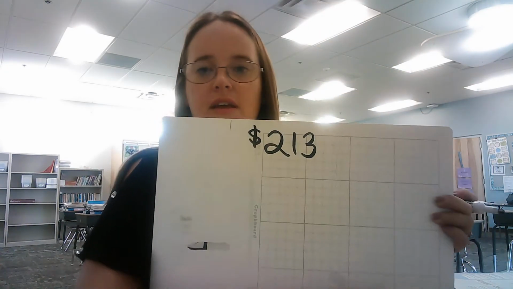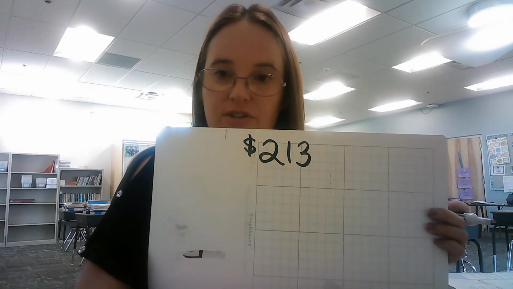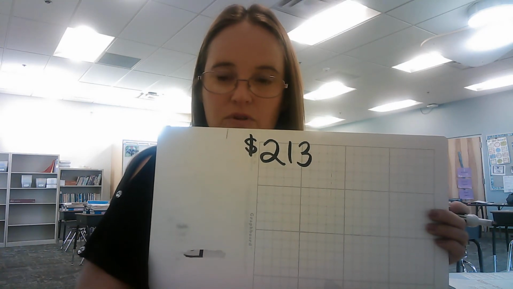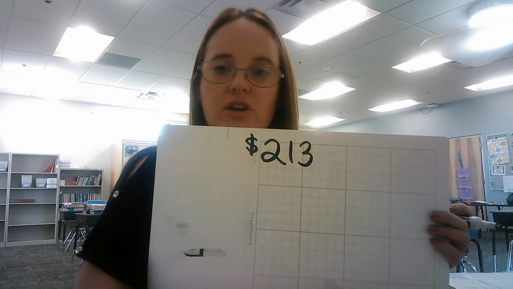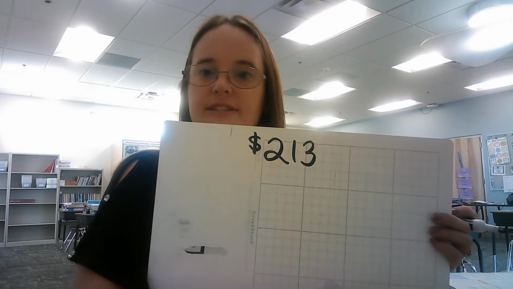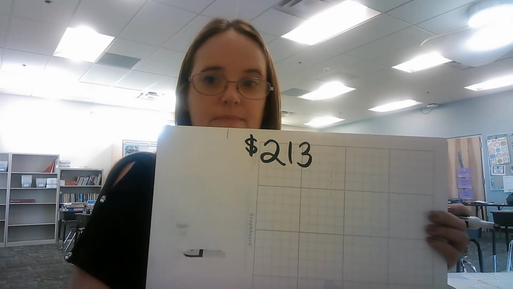Okay, the next question. Use money manipulatives or draw a diagram to show $213. So here's my amount. Pause the video now so that you can do this on your own, and when you come back, we'll go over the answer. $213. How many hundreds do you have? If you said 2, you would be correct. 2 hundreds.